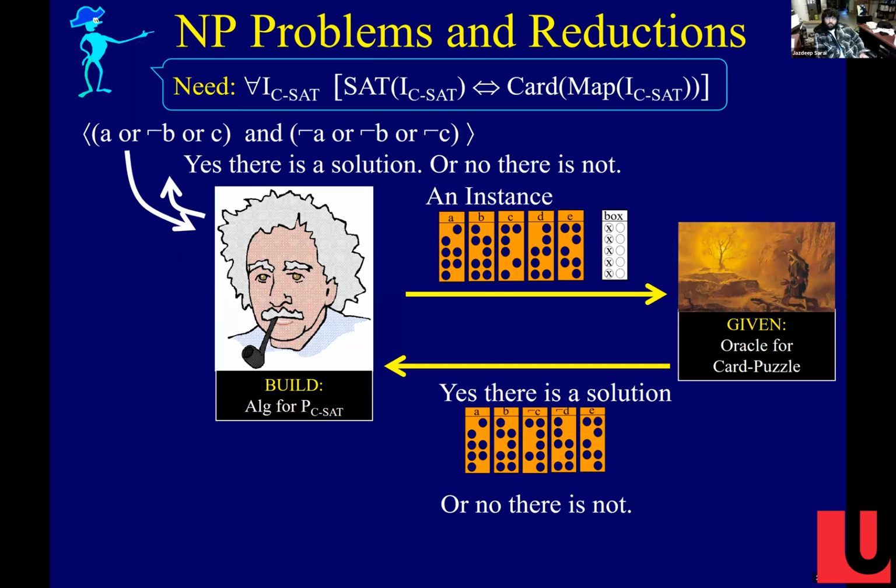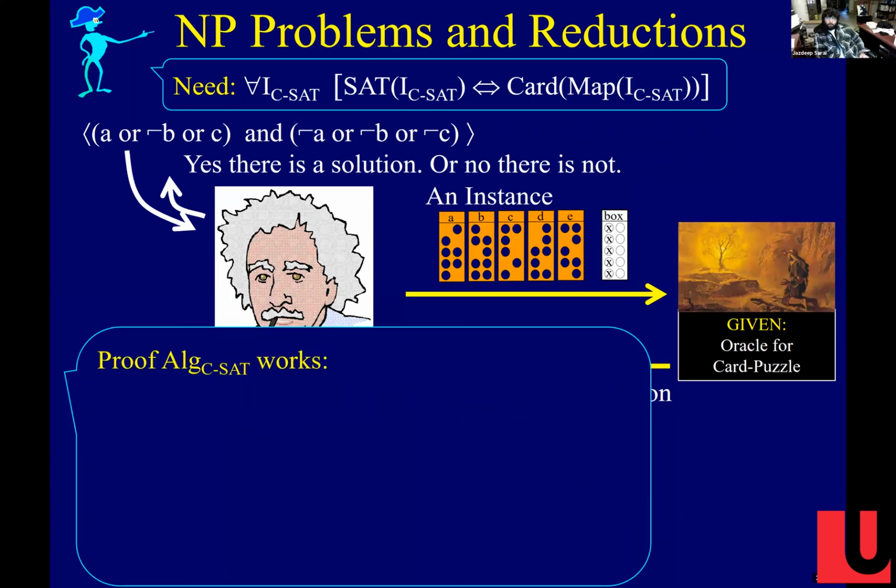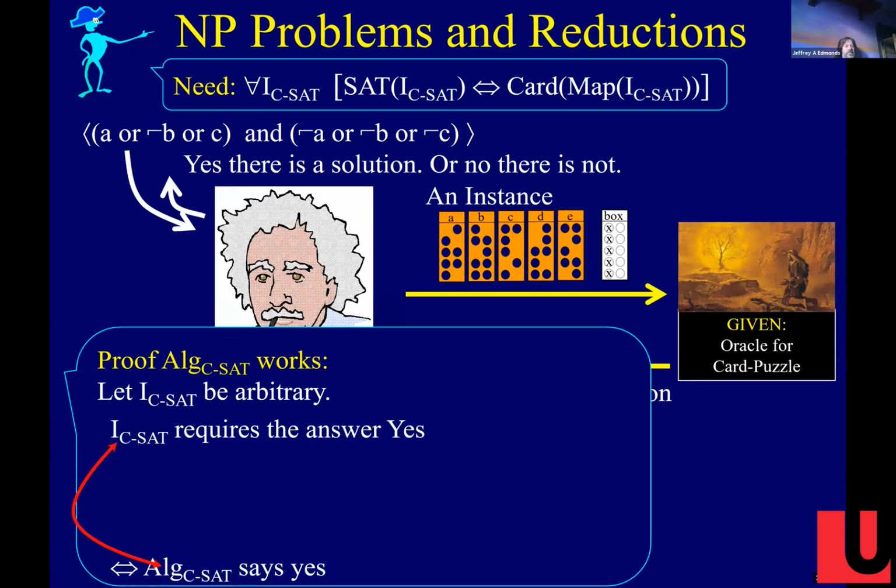And why will that prove that our algorithm works? What do we have to do to prove our algorithm works? We have to prove that for an arbitrary bunch of clauses, the algorithm says yes if and only if that's the required answer. That's the definition of an algorithm working.